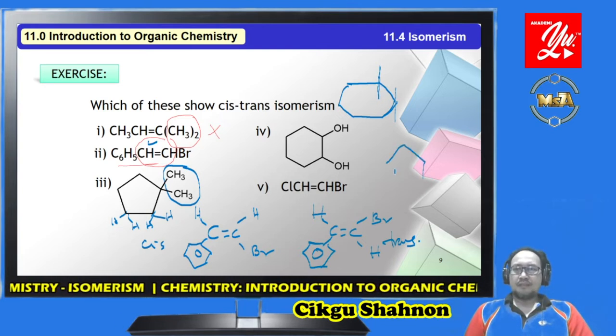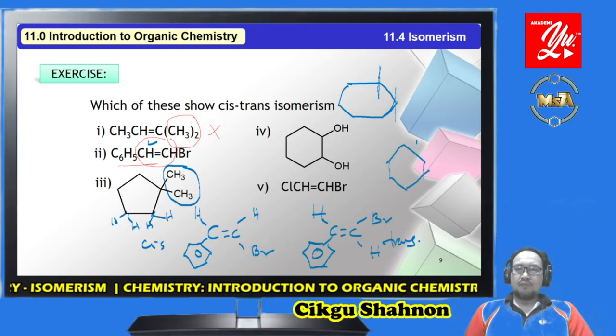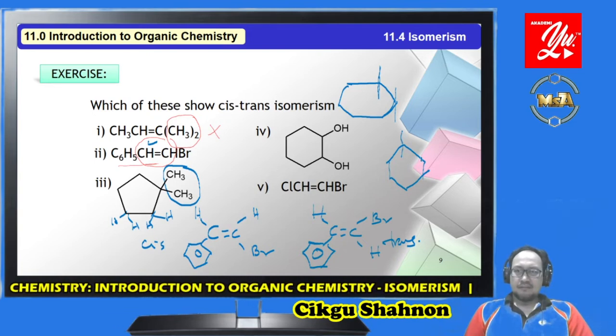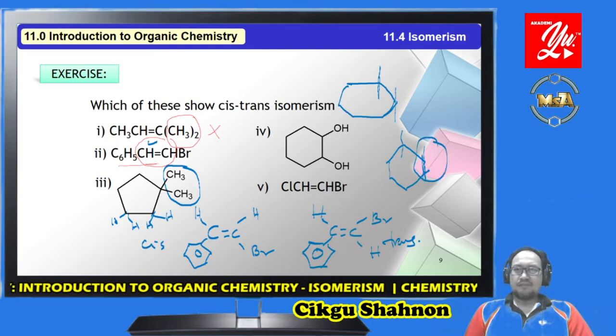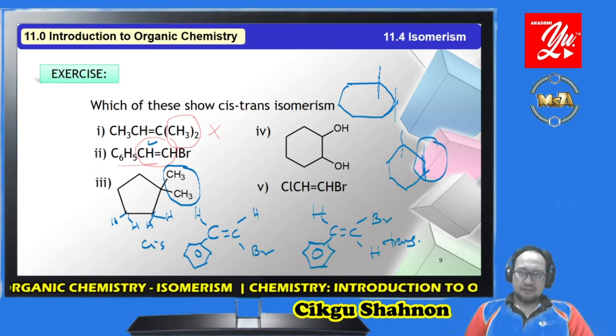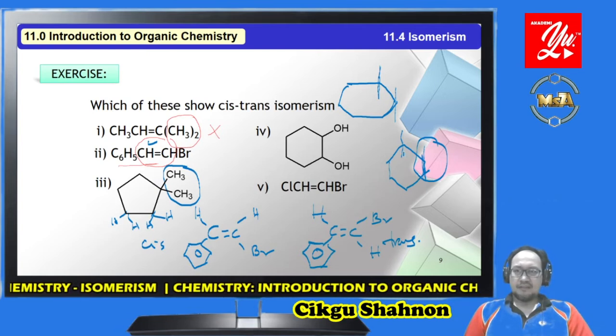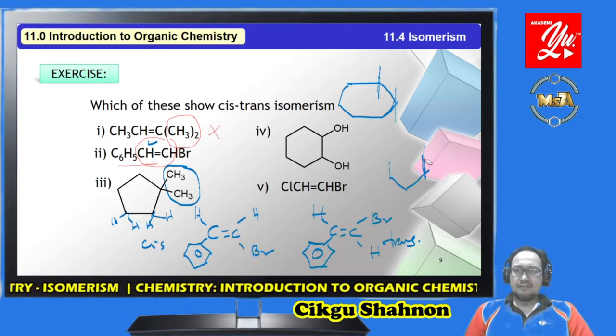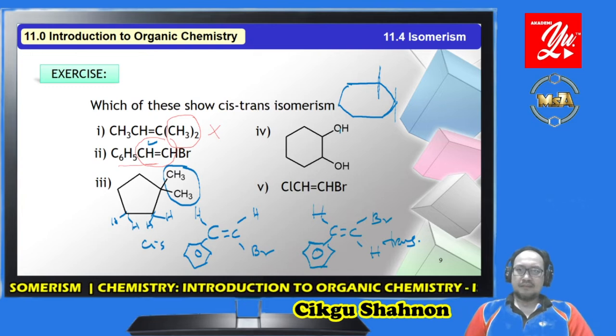If we copy this structure, when we try to make it up and down, this one will interfere with the carbon-carbon bond here. We cannot see the covalent bond here. But this one we can see the covalent bond here, covalent bond here.